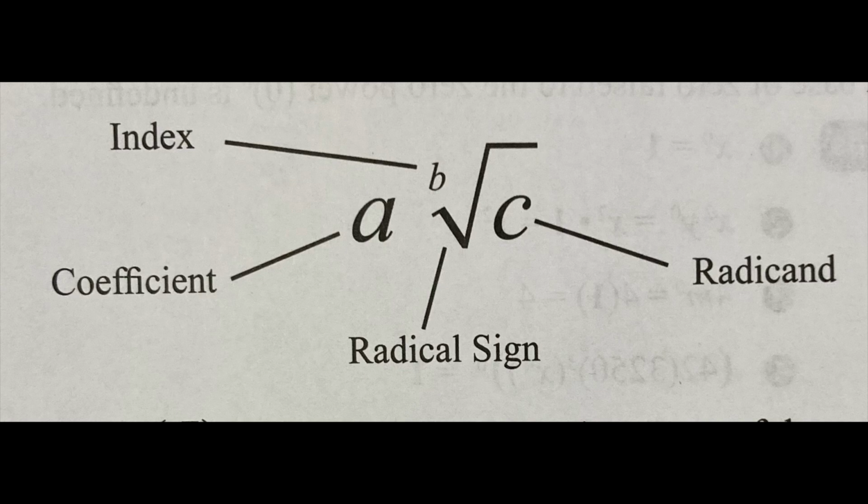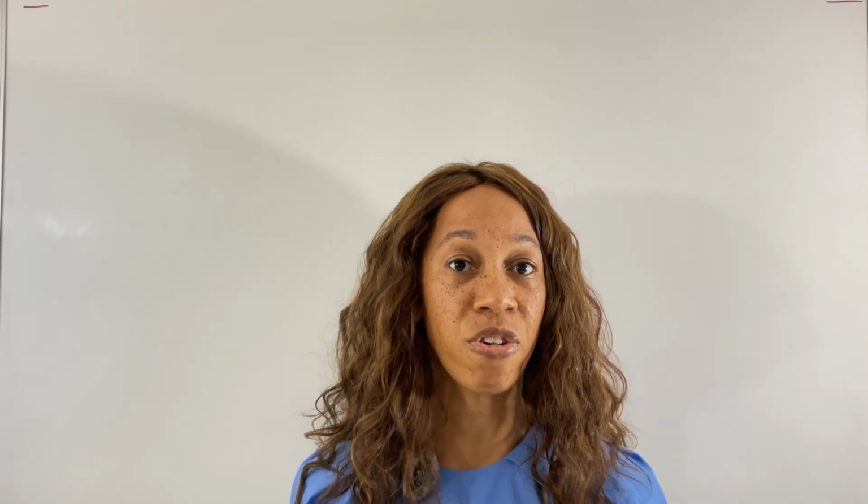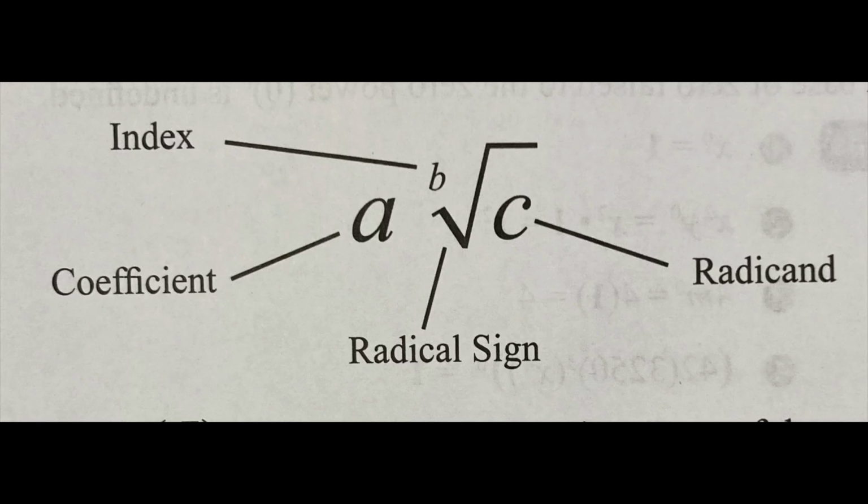So you will usually see an index of 3 or greater, but you're not going to see an index of 2, because simply saying that the index is 2 is telling you that you're to find the square root of that number. With the index of 3, you are going to be asked to find the cube root of that number. Not only will you see the coefficient, but you will also see the index.